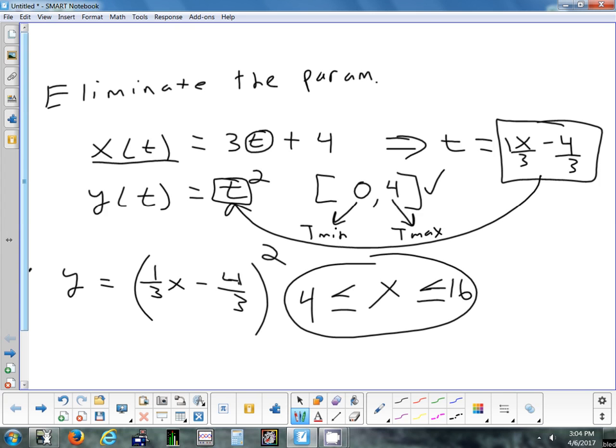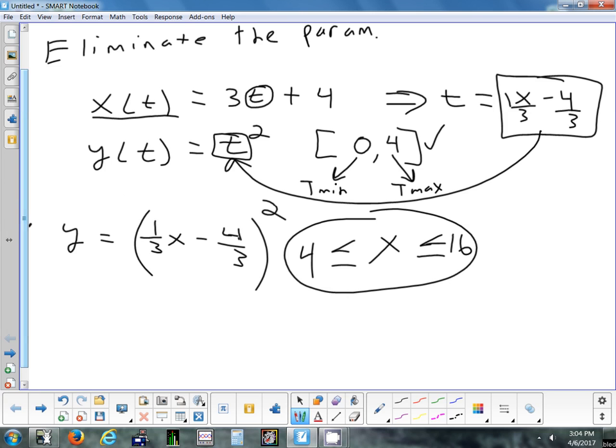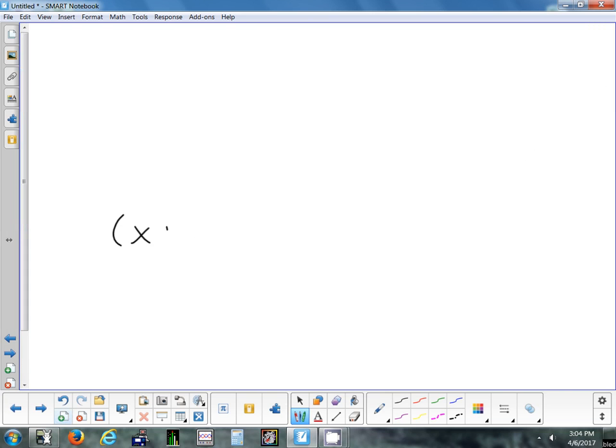Yep. All right, so there'll be a couple of those, eliminating the parameter. And the other thing is, you should be able to FOIL something out like that. I mean, this one's a little messy because it's fractions, but if you had something like that, any questions on how to multiply that out?